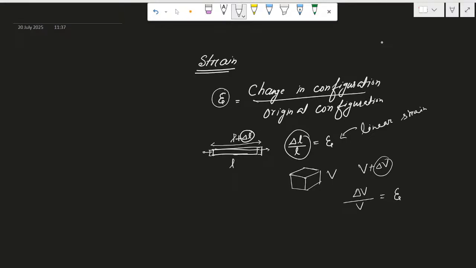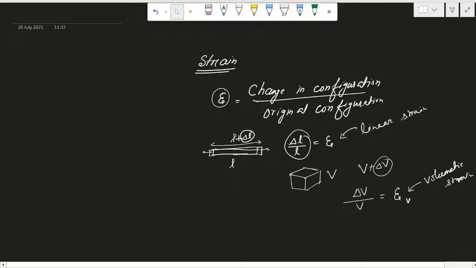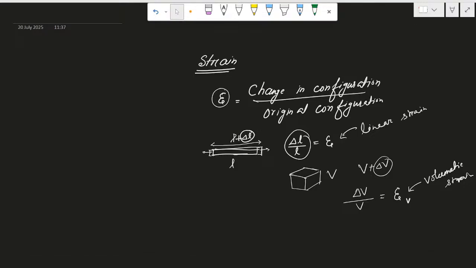You can say it is epsilon V, that means volumetric strain, the change in volume by original volume. Simple concept. Don't take it as so complex. You have an object, you apply the deforming force, you get the deformation. So the deformation by the original dimension, that is the strain.